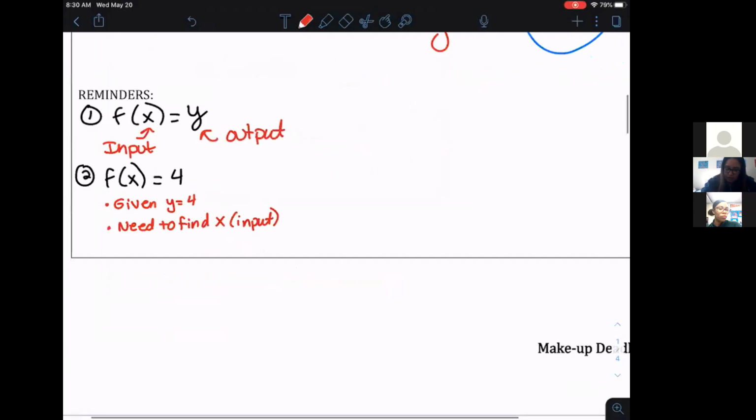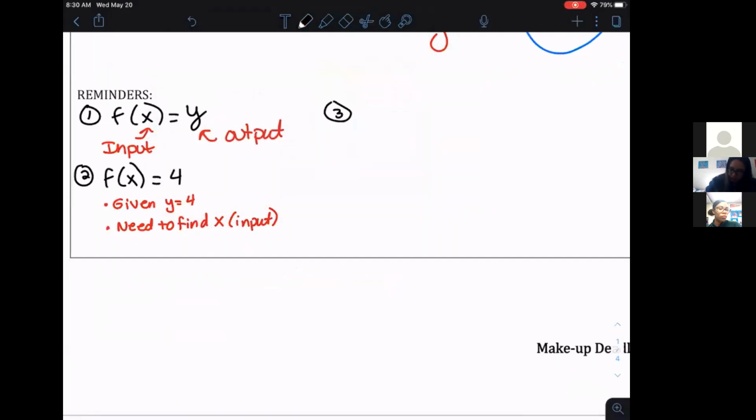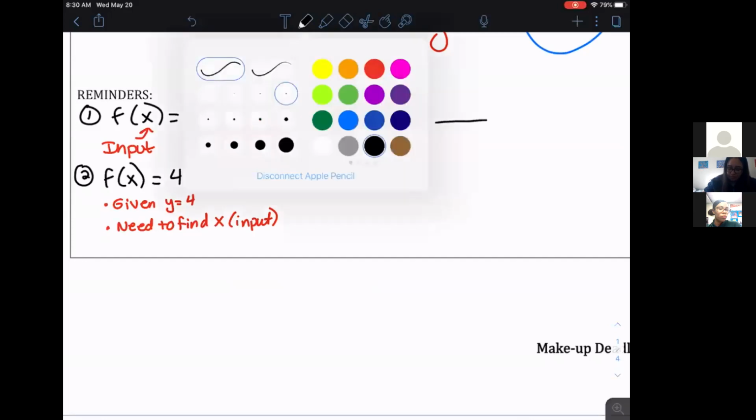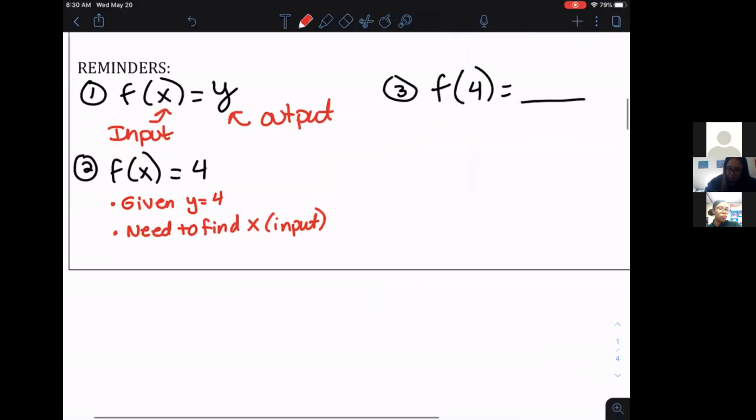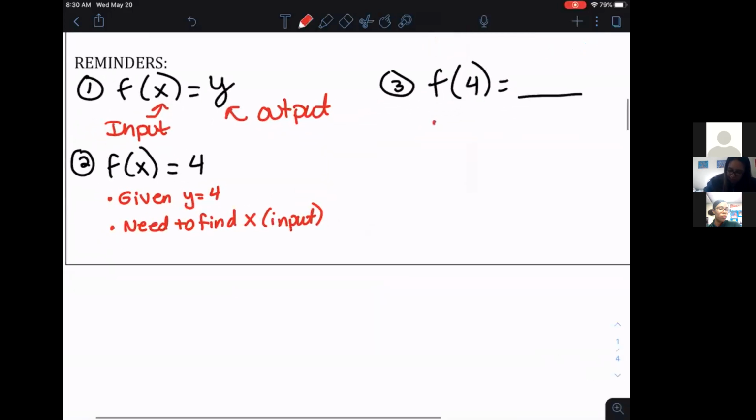And then similarly, if I say f of 4 equals blank, then we know we're given x equals 4.